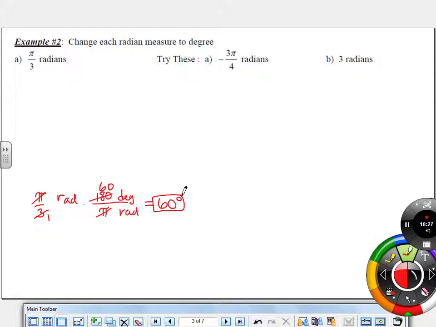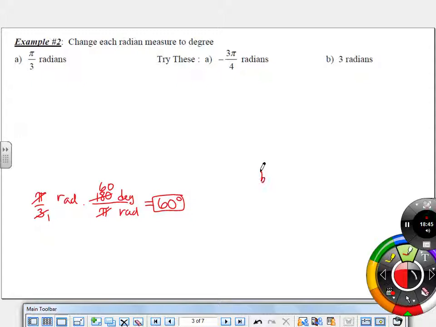If it's something like part B from the U-try where it's just 3 radians, that means pi is not going to get canceled out or go away. And you're going to have this weird answer that has pi in it. Pi is a number, okay? And somebody can use that number of degrees if they want to.